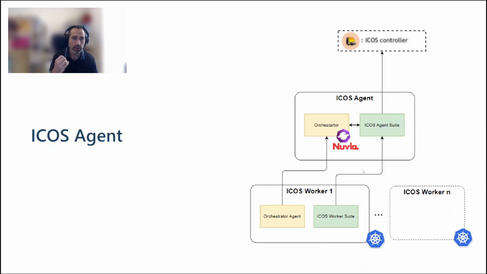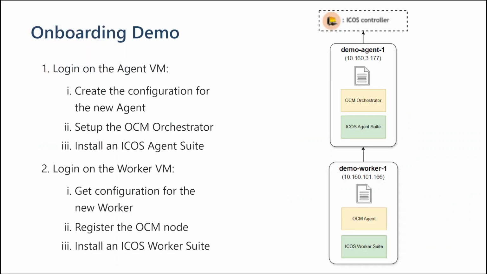So what we are going to do in the demo, to showcase how to add a new agent and also which are the components of the agent, is to try to onboard a new agent in an existing continuum that we have in our testbed. We will use two virtual machines to simulate the two nodes.